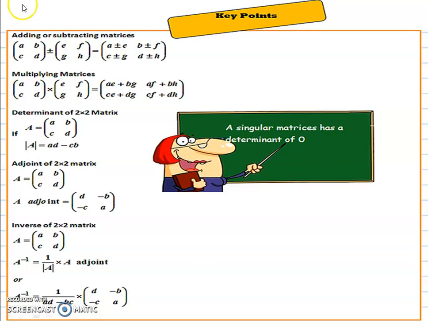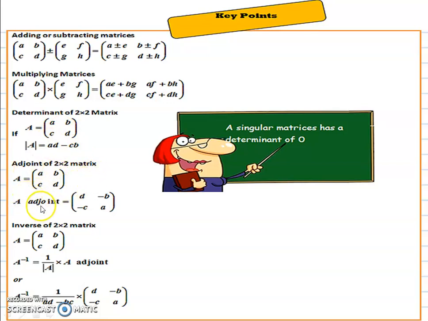That is what we take in today's lecture: addition and subtraction of the matrices, and multiplying the matrices row with column. Always remember that the determinant of a 2 by 2 matrix is AD minus CB.